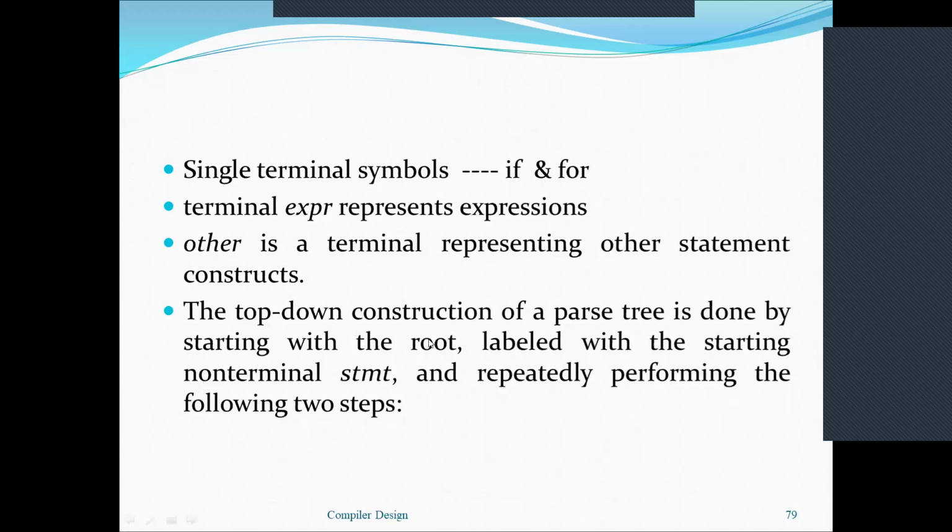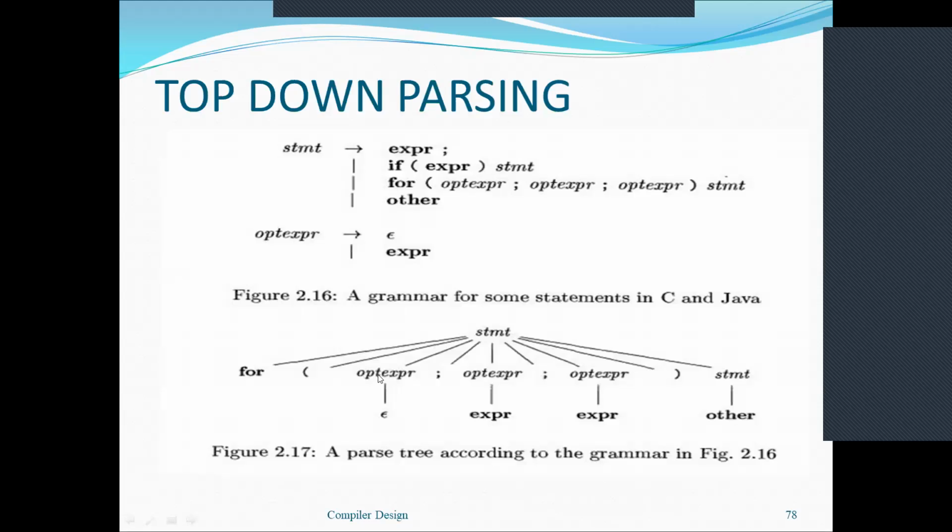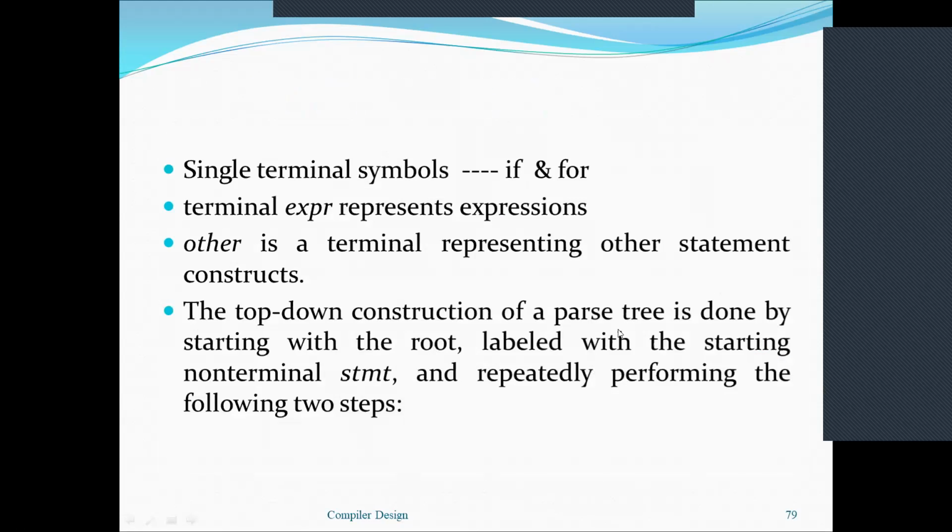The top-down construction of a parse tree is done by starting with the root labeled with the starting non-terminal statement. The root comes with the non-terminal statement because the statement can be anything. So it starts with the non-terminal statement as the root and repeatedly performs tasks. What are the tasks?